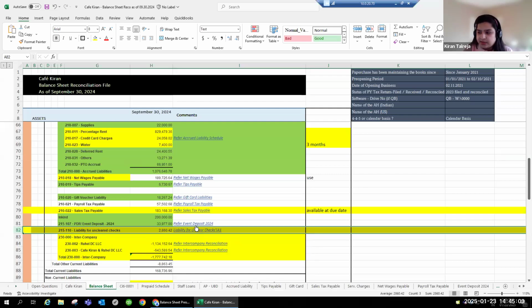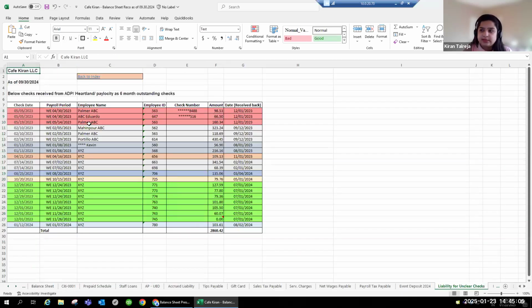From a compliance perspective, we maintain these details by each employee or by each vendor name with their employee code, with their check number, with their amount, and when this check was originally issued. By law, we are required to send a certified mail back to these people, making sure that they were tried to be contacted and we made an effort to give them this money back.